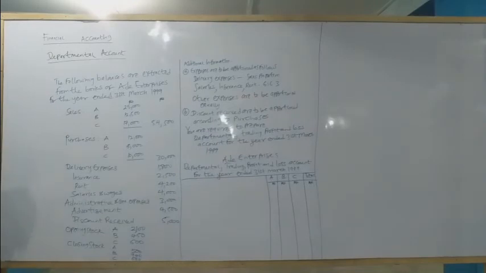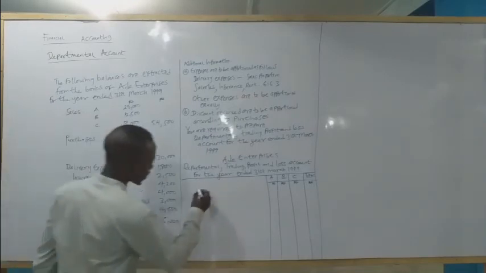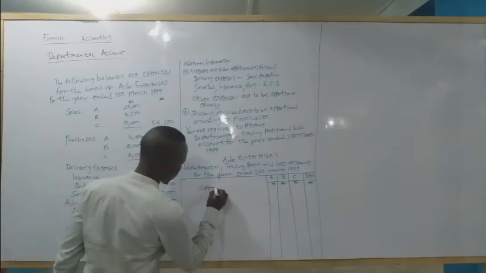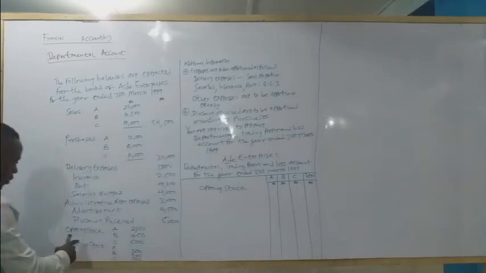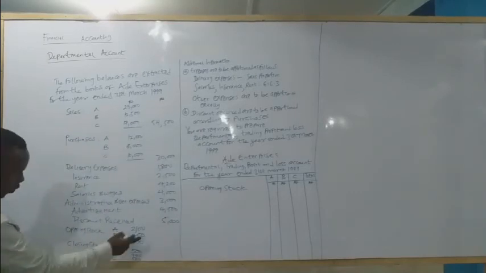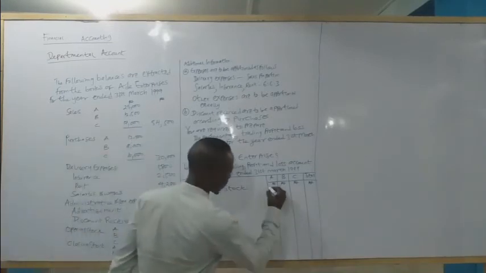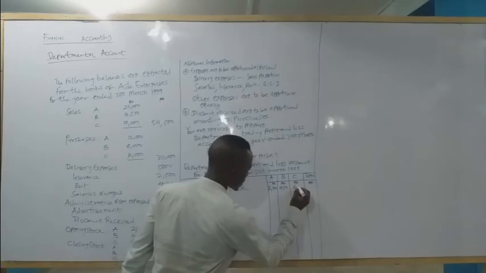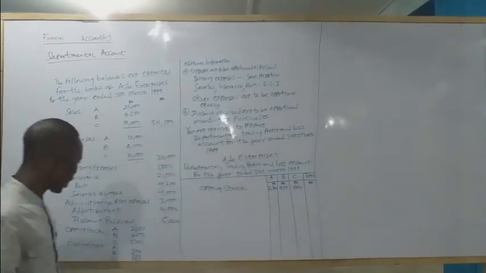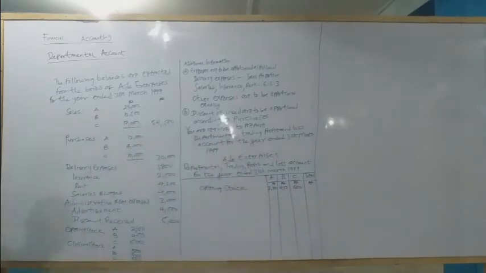The opening stock. So we have opening stock. How much are our opening stock? 2,100, 450, and 600. What is the total?